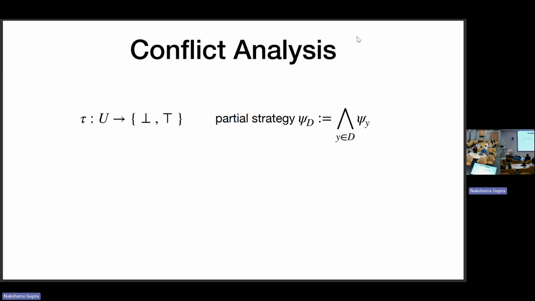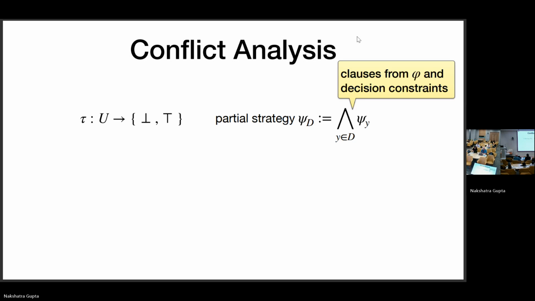But we have a partial strategy for the variables that are in D. And so given this partial strategy, there's a unique assignment that the strategy will give us for the variables in D, given the assignment tau of the universally quantified variables.